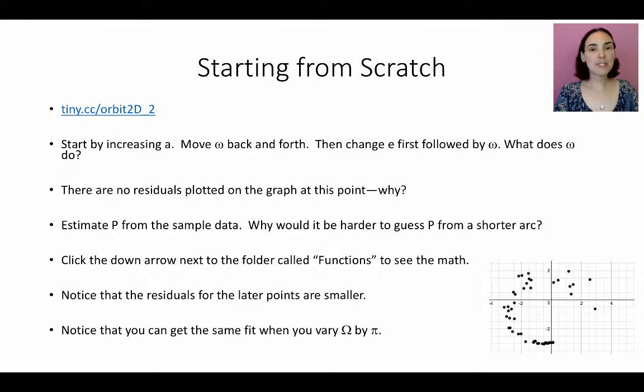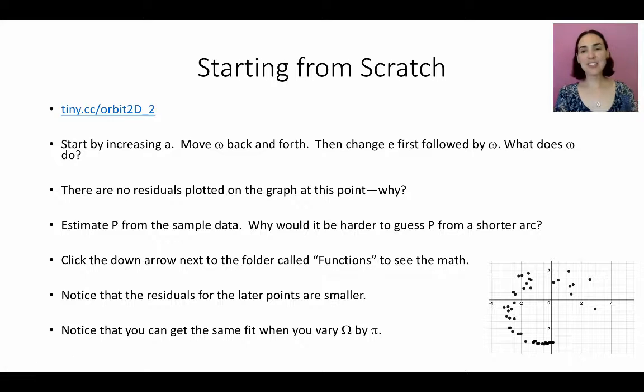At first, there are no residuals plotted on the graph, and that's because there's no period for this orbit. But we can estimate the period again from the sample data. And here's the sample data. Now it appears to go like 4/5-ish of the way around in the 180 years.